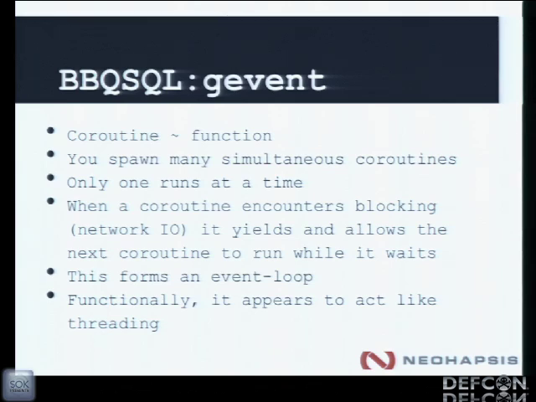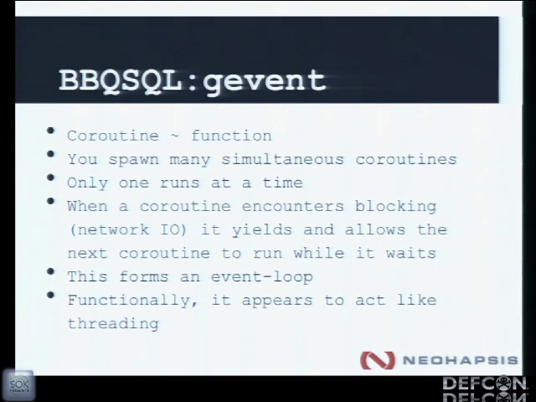And then as soon as that coroutine, or that function, hits blocking I/O, it jumps to the next one, and then to the next one as it hits this blocking. What you wind up with is what's called an event loop, where you have something that seems a lot like threading, but you're not actually doing threads, and you don't have a lot of the overhead that you have with threading. But it's functionally like threading. This is also different than a lot of the other event-driven stuff. This is not callback-based.